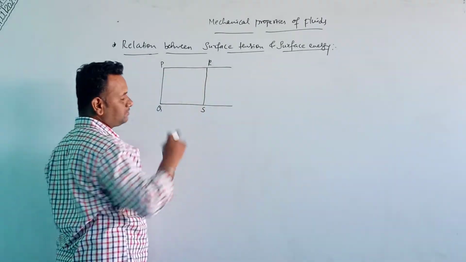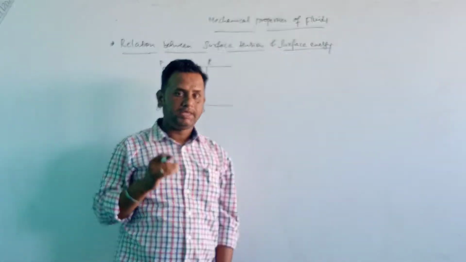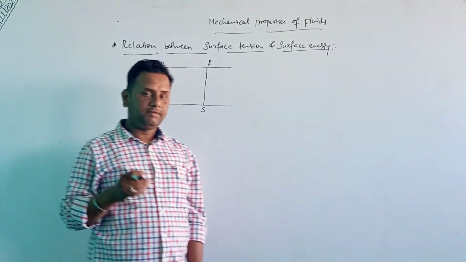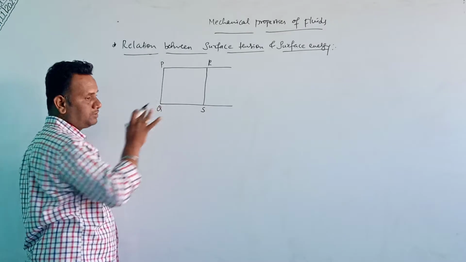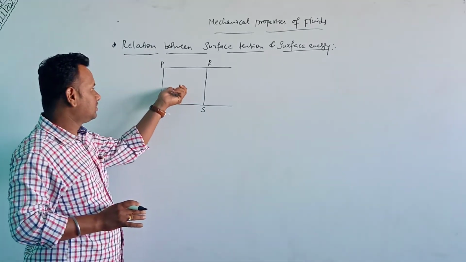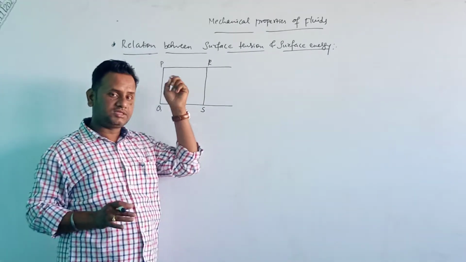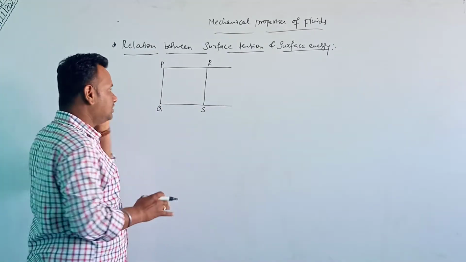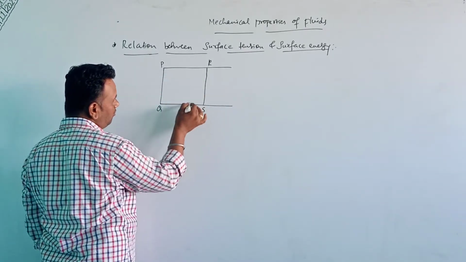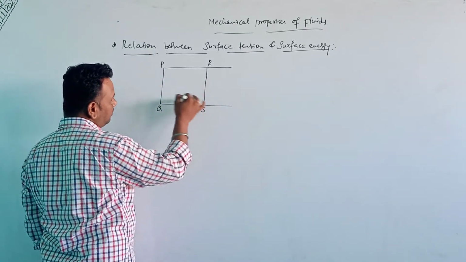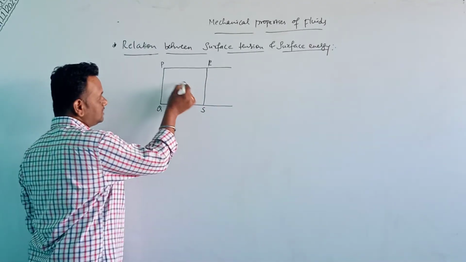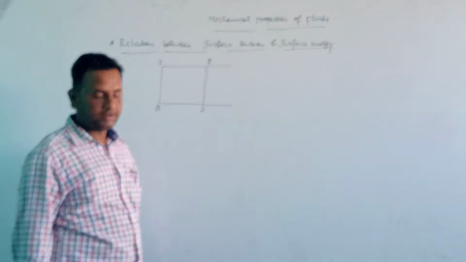Now this PQRS rectangular frame is dipped in a soap solution. When I dip this rectangular frame in a soap solution, a thin film is formed on the inner side of the frame.